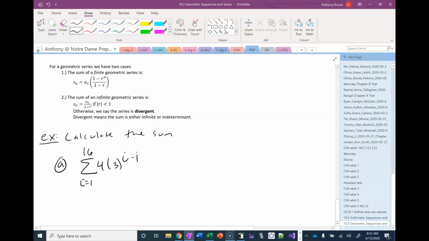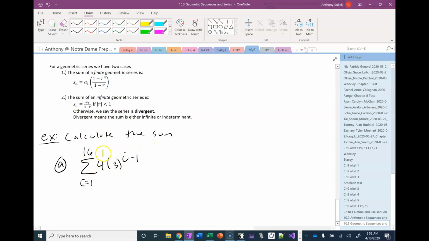So let's say we're asked to calculate the sum of this series. We have the sum from i equals 1 to 16 of the sequence 4 times 3 to the i minus 1.